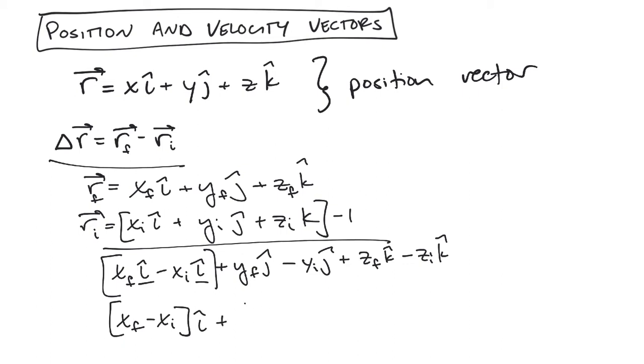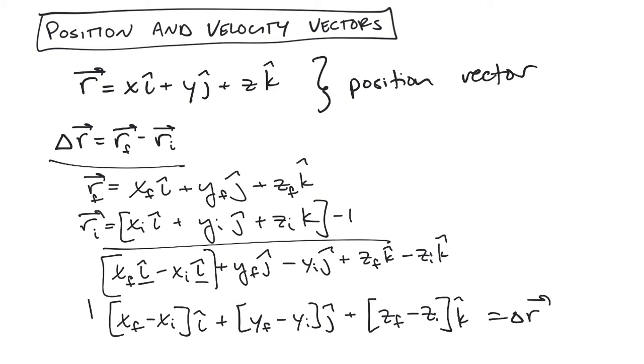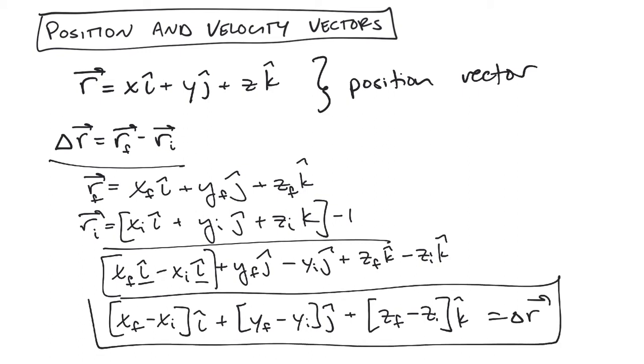And you can factor out similarly the j hat and the k hat. So you simply get final minus initial for each individual component in each direction. So your delta r would equal this big guy. And that makes sense. You're just subtracting each coordinate, the final minus the initial, and then putting it in its direction.